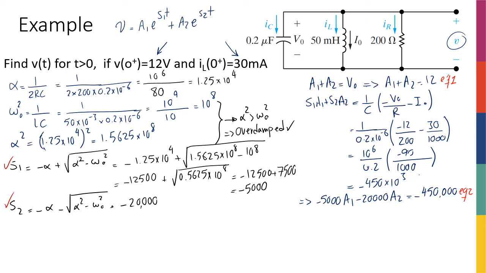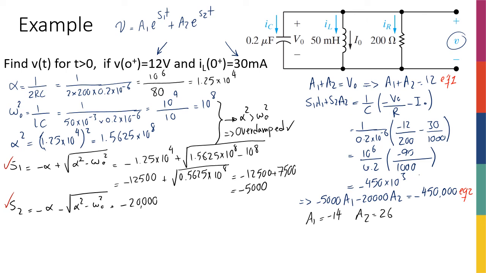So if we do the math, you find A1 to be equal to negative 14 and A2 equal to 26. Okay, so now I have everything. I have A1, A2, S1, and S2.